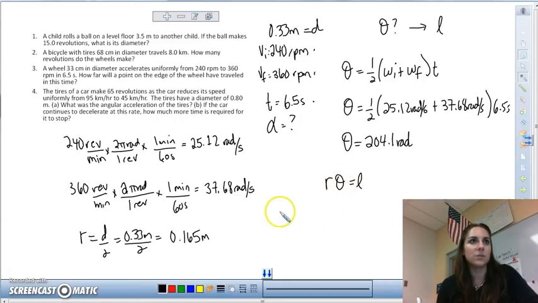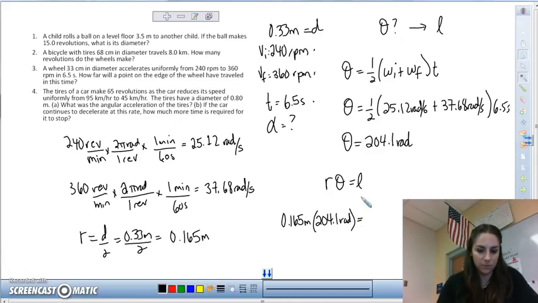So we get 0.165 meters times 204.1. When we multiply these two together, we get a distance L of 33.67 meters.